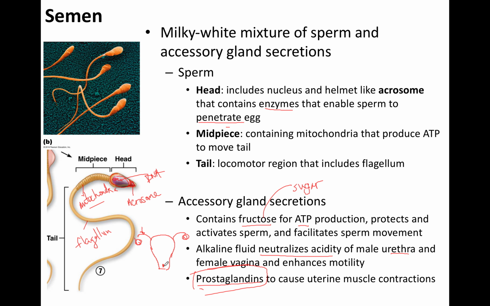So just imagine your sperm has to travel all the way up into the fallopian tube before it meets the egg. That means if the uterus contracts and gets smaller, the sperm doesn't have to travel as far. So that's a good thing for the sperm.